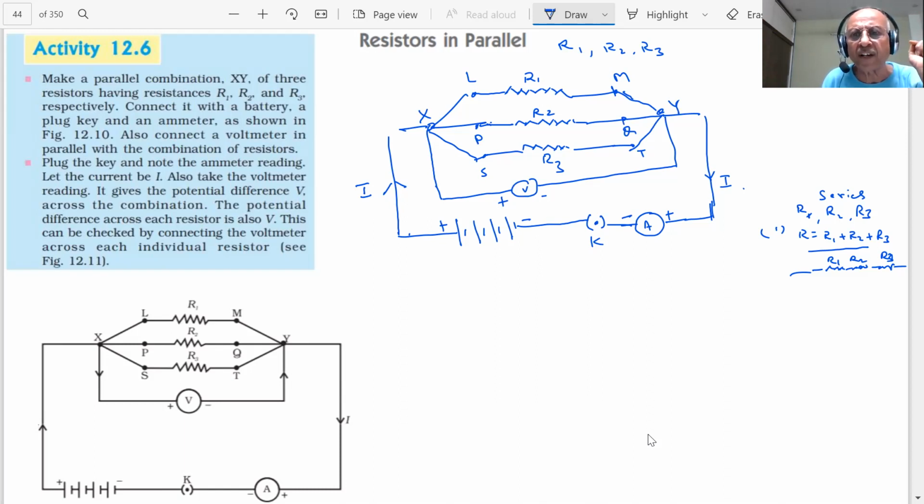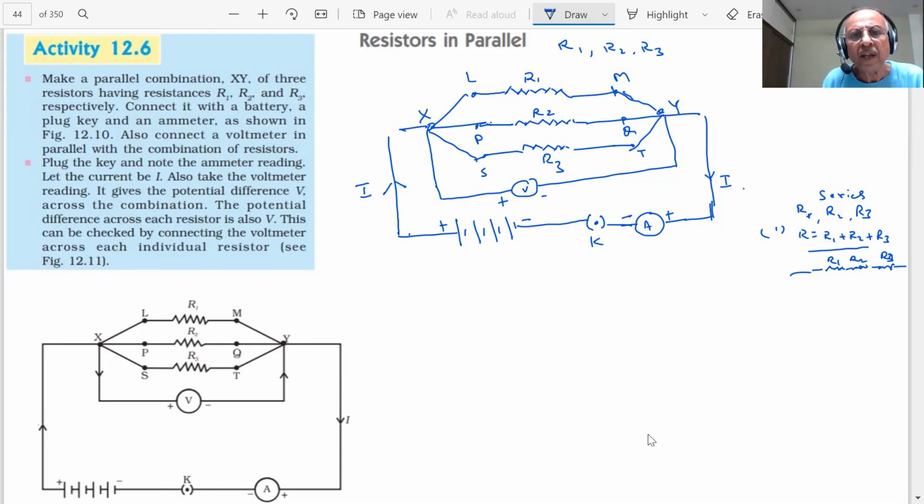For the complete circuit, I is the current. But does the same current flow in R1, R2 or R3? That is our point. And we can also find the value of the potential difference across any one of them by changing the position of the voltmeter and ammeter.